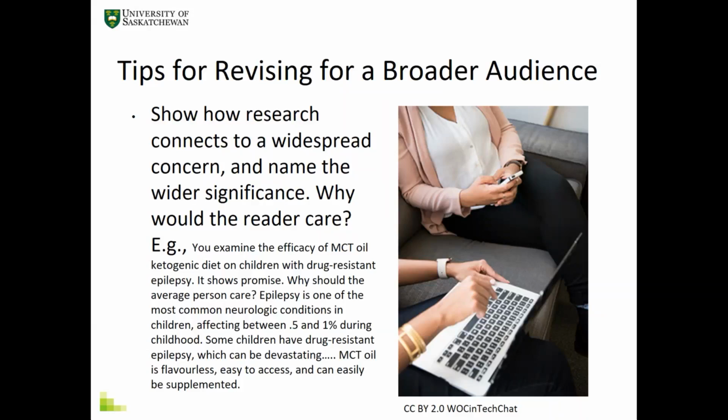And the diet can actually slow down or eliminate seizures in some people. But the problem with children is that it's hard to get them to eat that much fat. And so MCT oil is flavorless. It can be supplemented to a lot of foods so that the children could get their fat macros. So explaining that is going to make the topic more interesting for your reader.